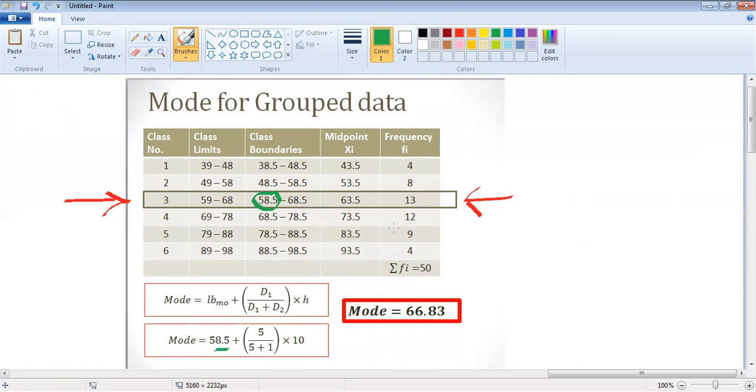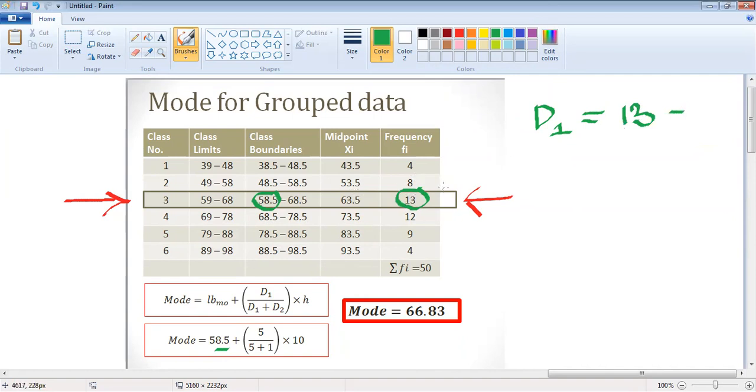Next, we need to find D sub 1, or D1. D1 is the frequency of the modal class, which is 13, minus the frequency before the modal class.